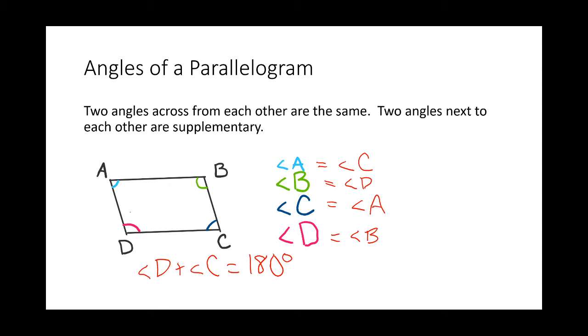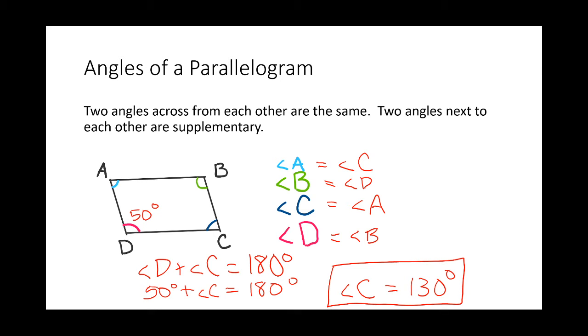So if I know one of the angles, let's say that angle D is 50 degrees, I can make a new equation: 50 degrees plus angle C is equal to 180 degrees. Then I can subtract 50 degrees from both sides, and I'll get angle C must be 130 degrees.